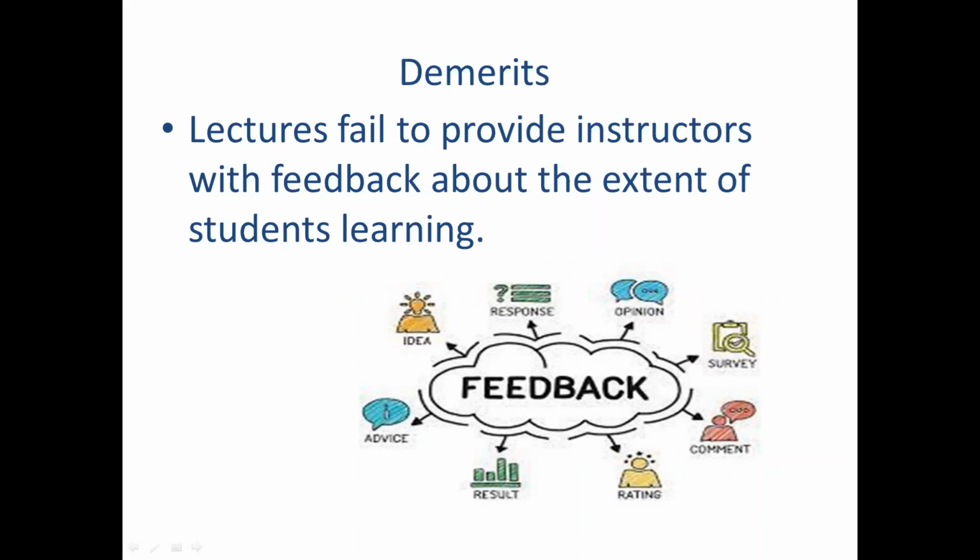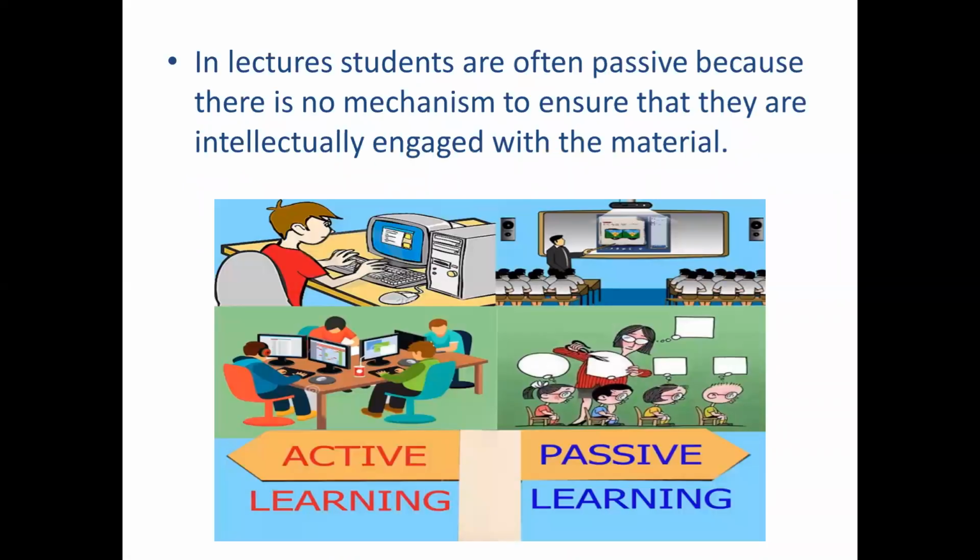Now we will see that in the lecture discussion method, students are passive learners here. They are not active learners. What is active learning and what is passive learning? In active learning, students learn things by doing. If we get knowledge by doing something, that is active learning. And if we are learning from someone and are only engaged in listening, that listening may break.